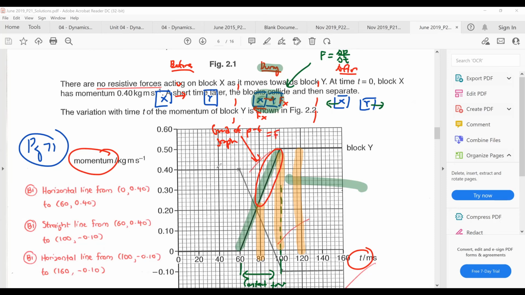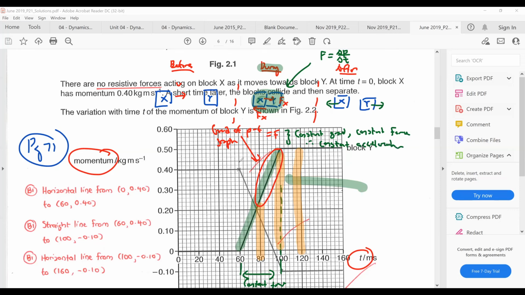So right now, what you see here is a constant gradient, constant force. Therefore, constant acceleration.